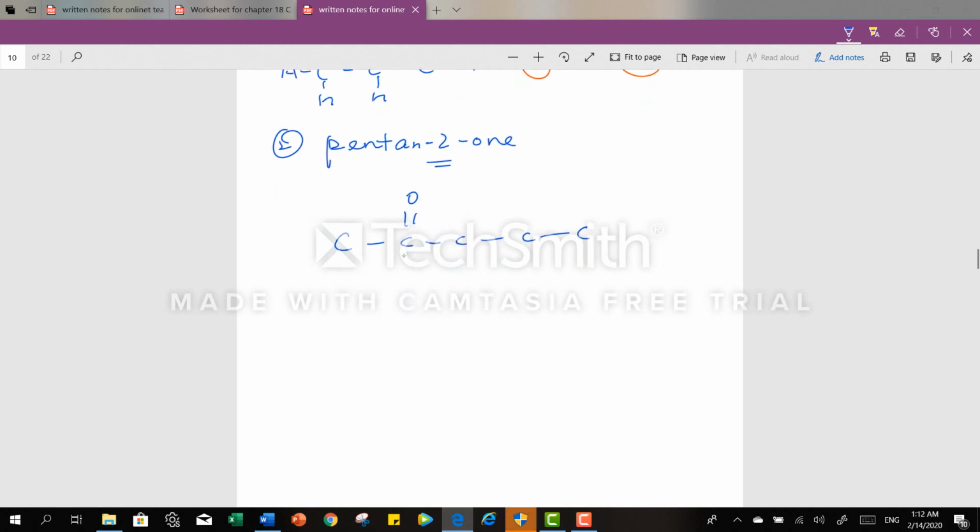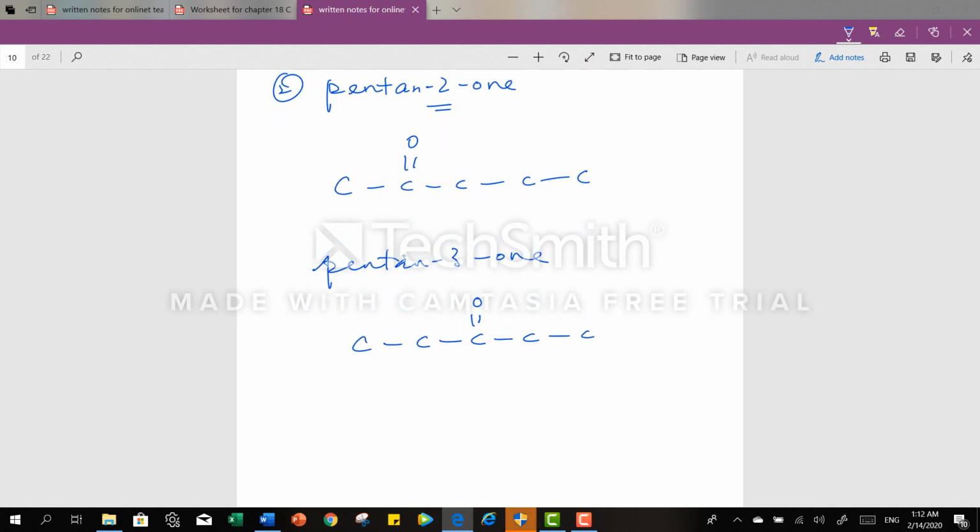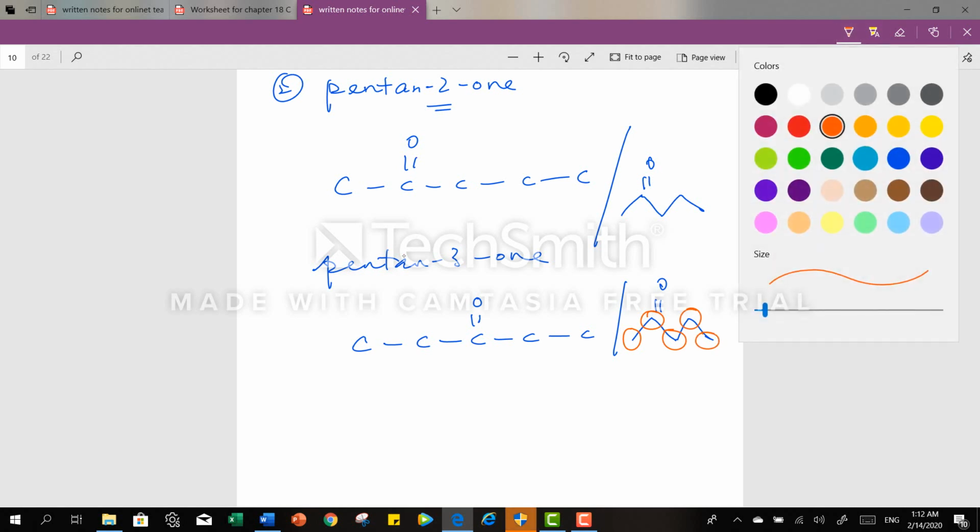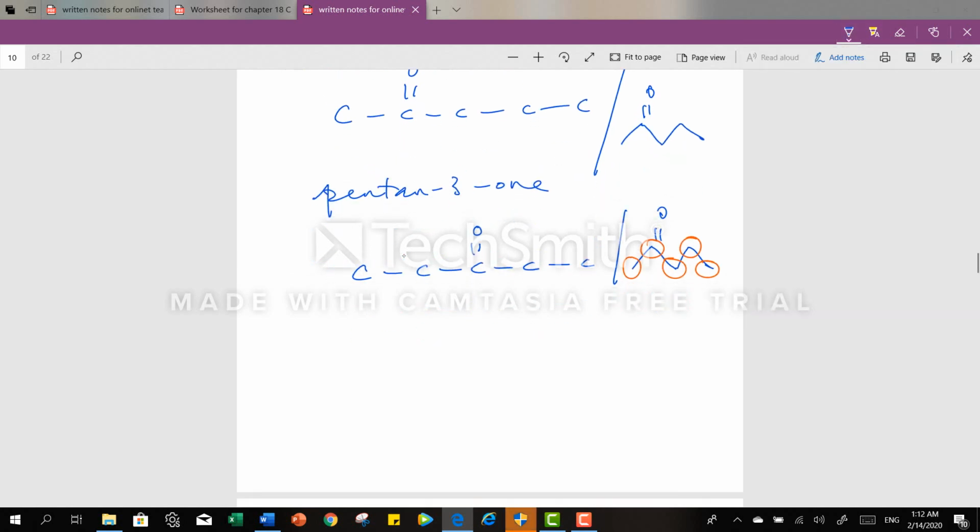Right now I don't want to draw them because it's pretty confusing. And pentan-3-one means the oxygen is here, at number 3. If you draw the skeletal formula, 1, 2, 3, 4, 5, and this one, 1, 2, 3, 4, 5. Each corner represents 1 carbon. Please get used to using skeletal formula as well.